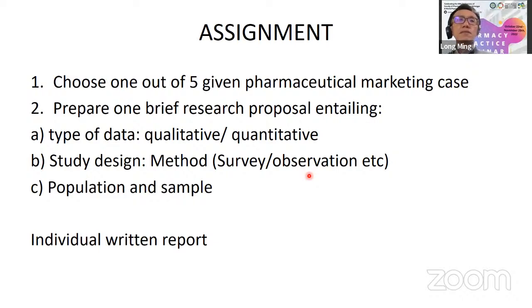If you think quantitative is more suitable, what kind of survey method would you use? Do you think an online survey is more suitable, or, for example, a face-to-face computer assisted method?